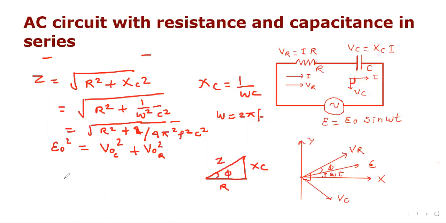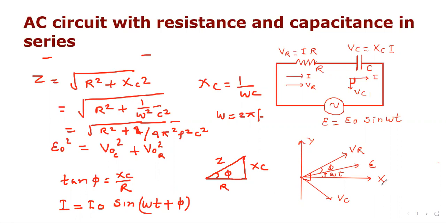This is Z. So tan phi will be equal to XC upon R. Even cos phi can be found. So this one is the hypotenuse. And the current is written as I equal to I0 sine omega t plus phi. Here, phi is the angle between the resulting voltage and the voltage across resistance.